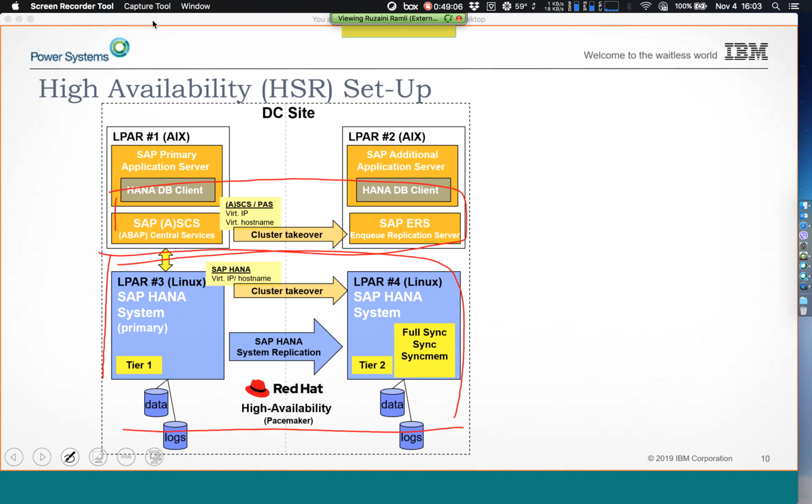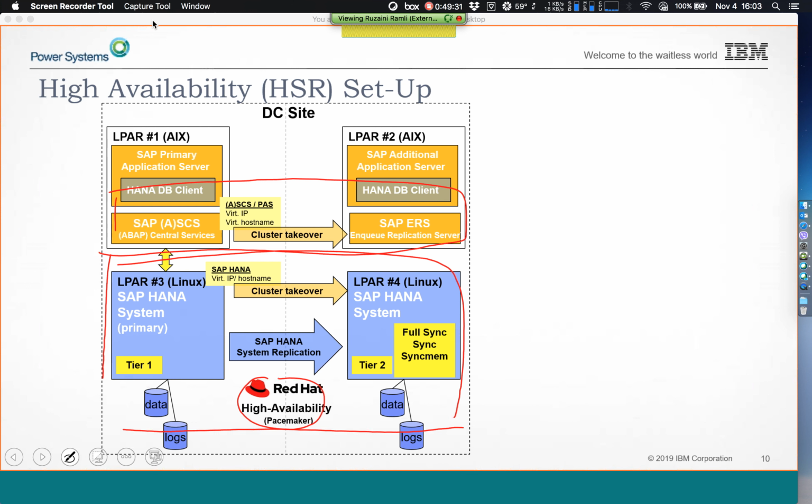Other than ASCS and ERS, maybe it can work, but we have not had a chance to implement the cluster with other applications. But for the HANA database, it is 100% sure that the OS cluster, no matter Red Hat or SUSE, can work together.